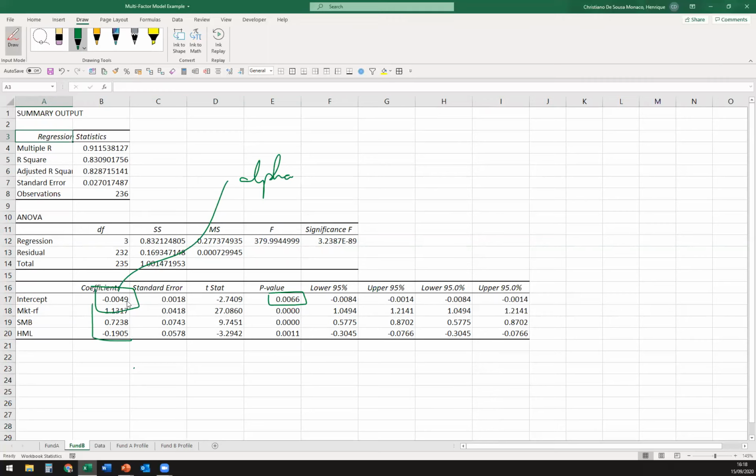And we can also interpret those 3 coefficients here. We can say that when small stocks are outperforming large stocks, because it's positive, this fund is doing good. However, you see here this negative coefficient. When value stocks are outperforming, this fund is doing bad.